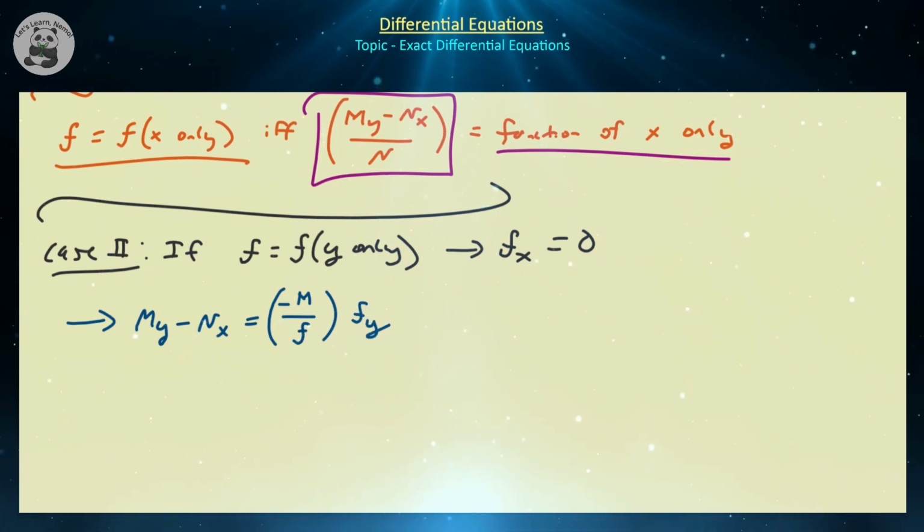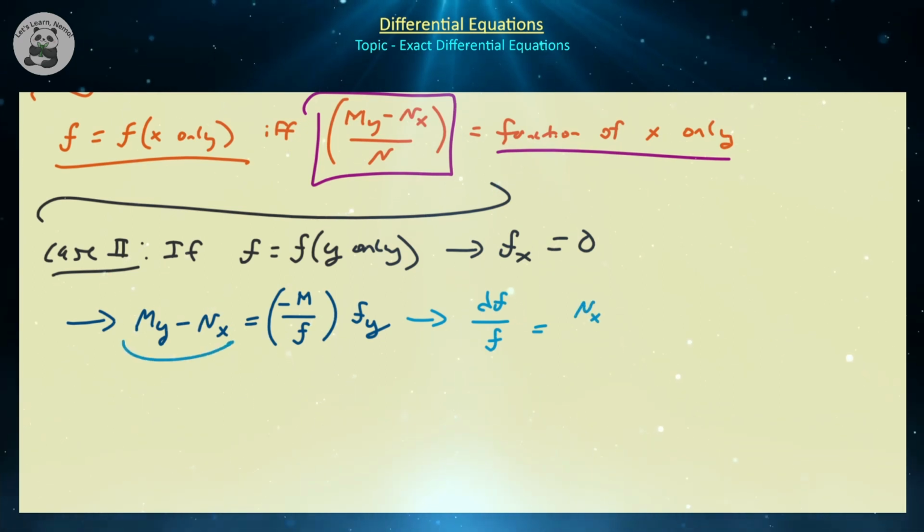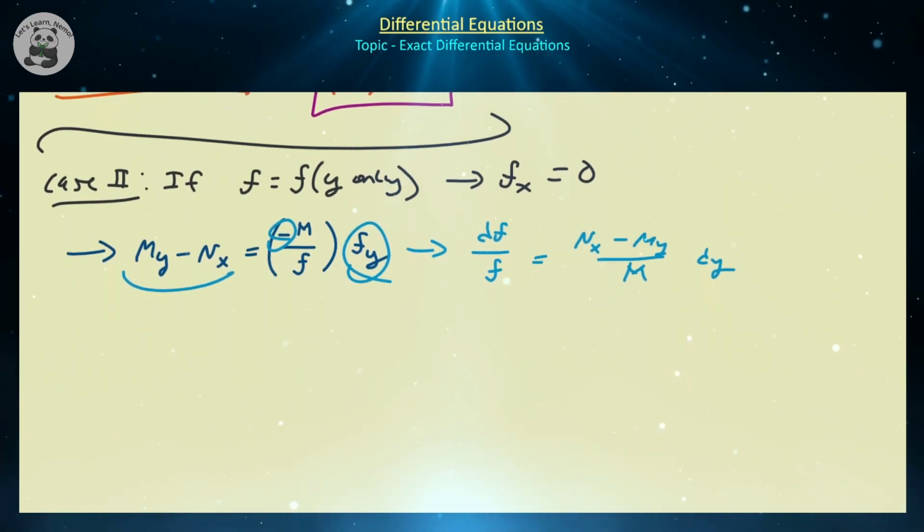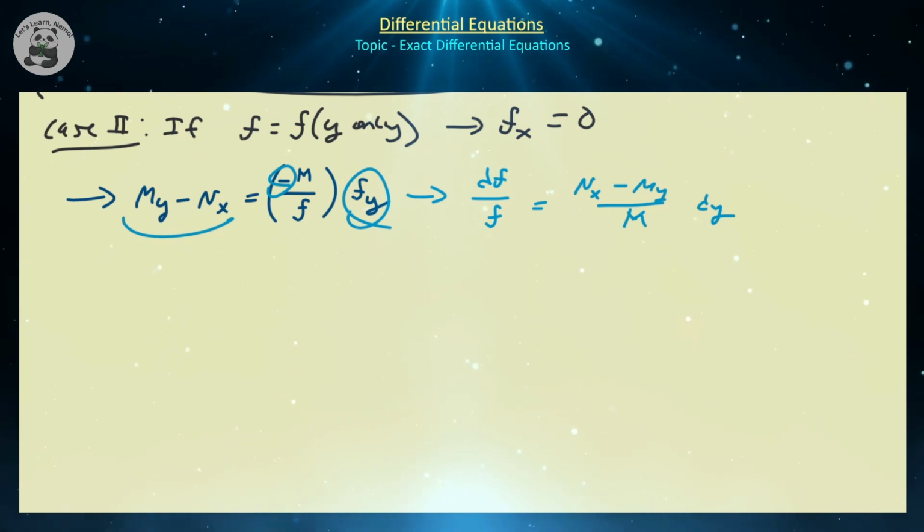And then we can translate this into a separable differential equation, in particular df divided by f is equal to nx minus my divided by m, and that's going to be multiplied by dy. I'm just going to reverse this to get rid of that minus sign. And the dy is coming from that fy term. Right, so we can solve this differential equation for f exactly.